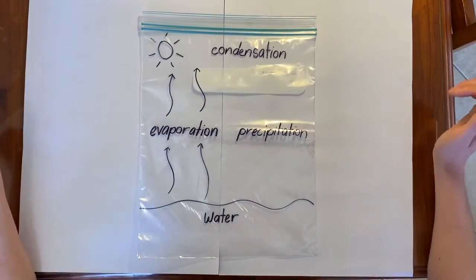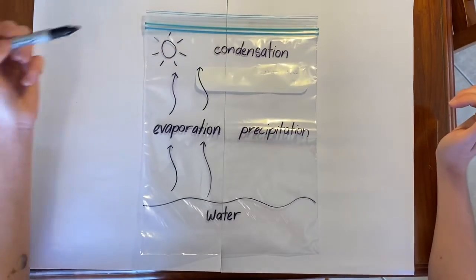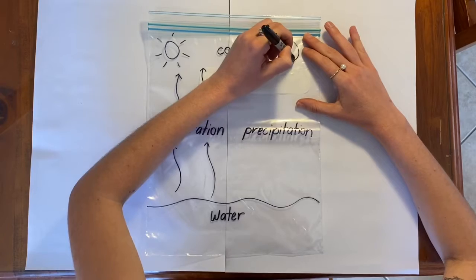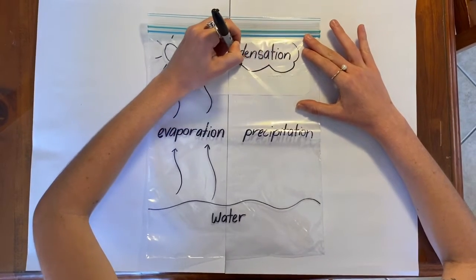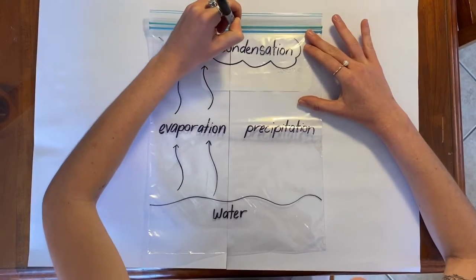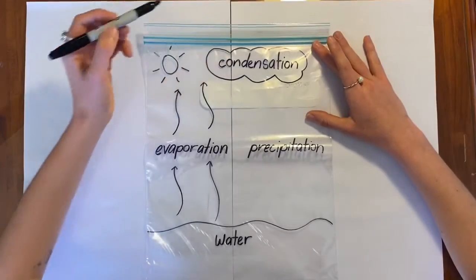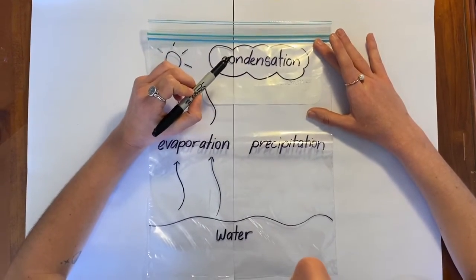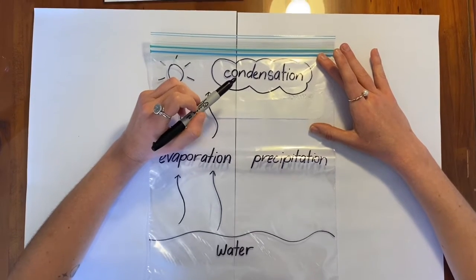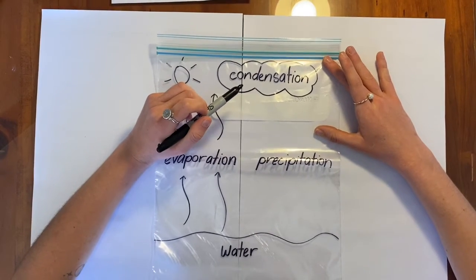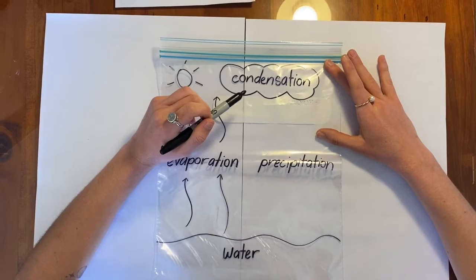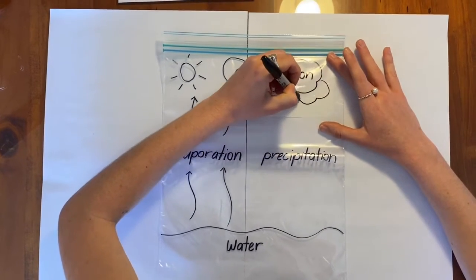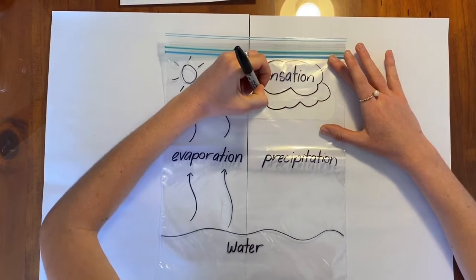Our second stage is condensation. Condensation is when the water vapor that was heated up from the sun, after it's risen into the air, cools down and becomes a liquid again, forming a cloud. Let's make our clouds look nice. There we go.